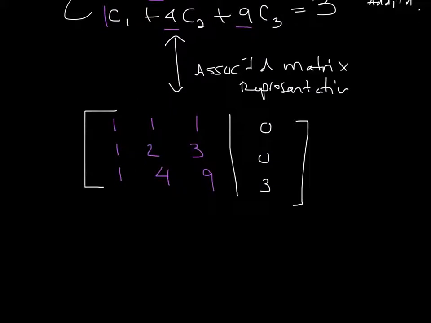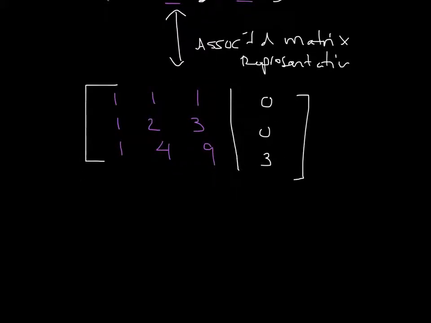Now, in order to solve this matrix, I'm going to be using the Gaussian elimination method, or you may have heard it as the row echelon form or reduced row echelon form. And if you remember, there's a bunch of steps in here, and the goal is to get it into this diagonal form, right, with zeros above and zeros below.